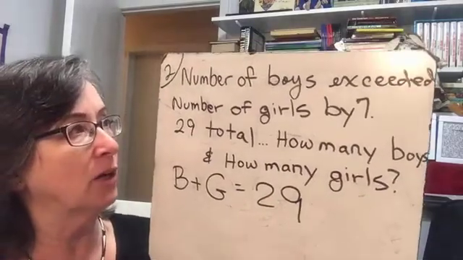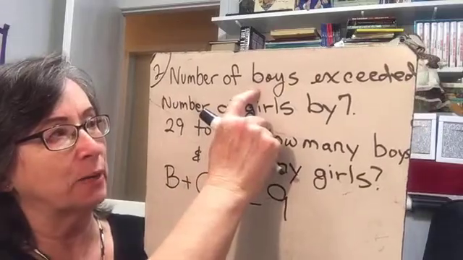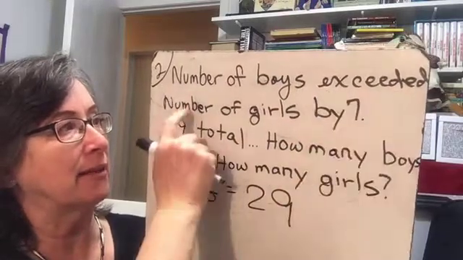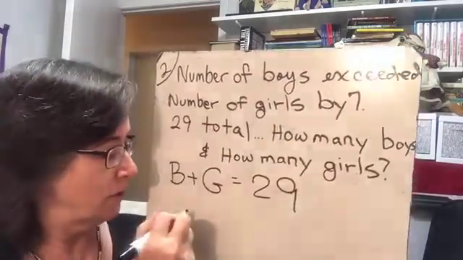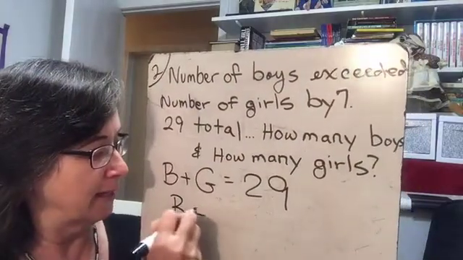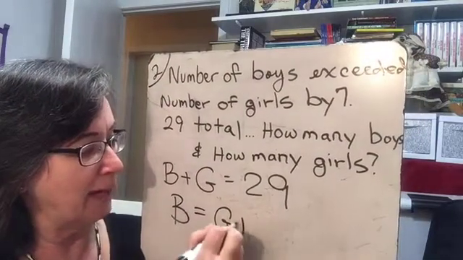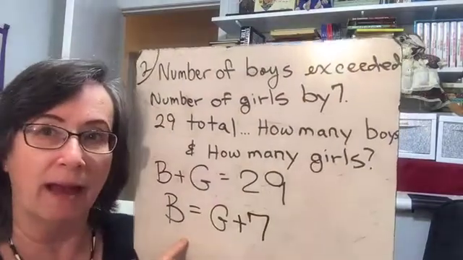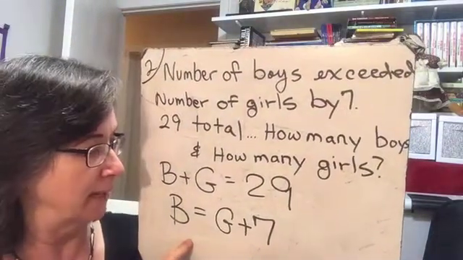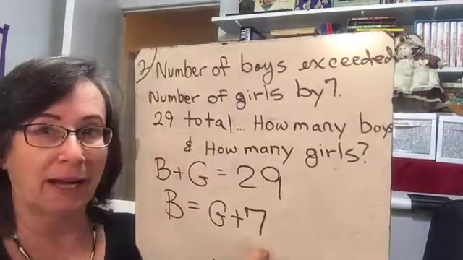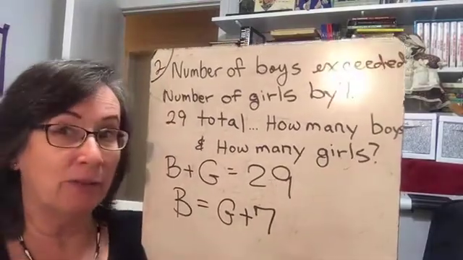All right, I know that the number of boys exceeds the number of girls by 7. So if we take the number of girls and we add 7 to it, won't we have the number of boys? Okay, so the boys are greater by 7. And now we have our two equations.